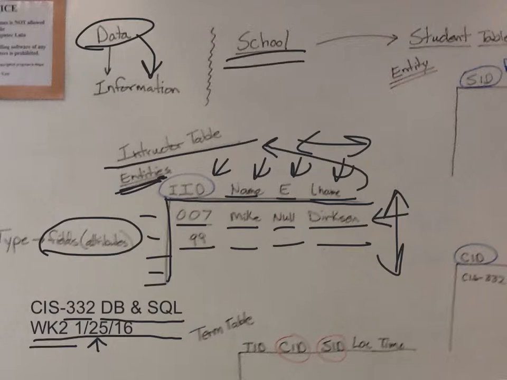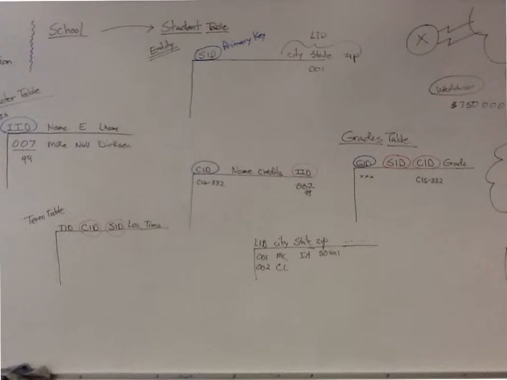So then we had what term it was, and we had the term ID, and then we had another entity representing the students, and we'll show those here in a second. So we had a student table, a term table, grades table.